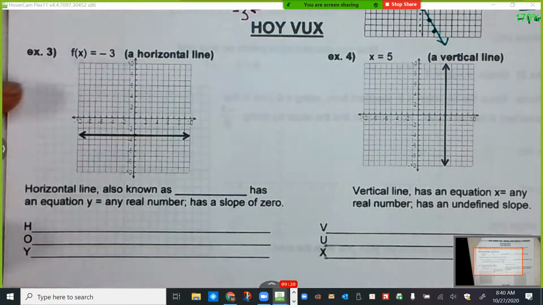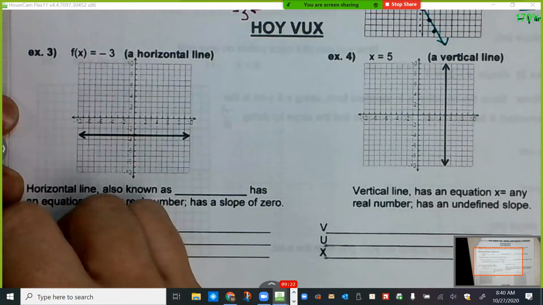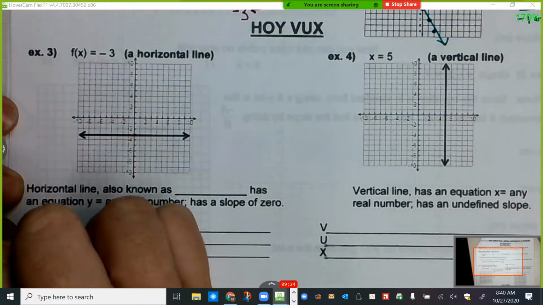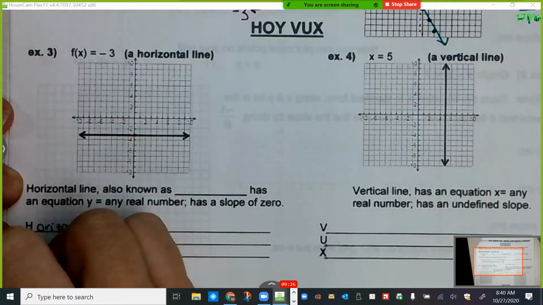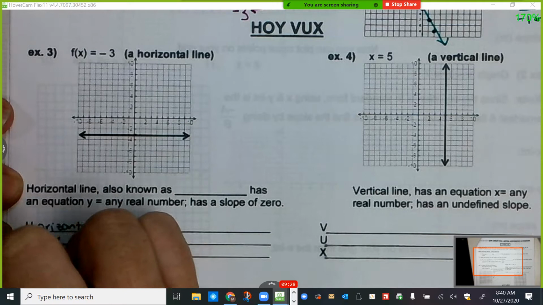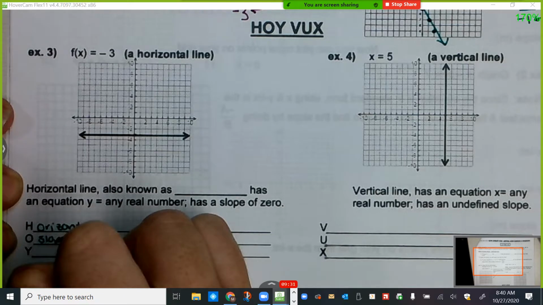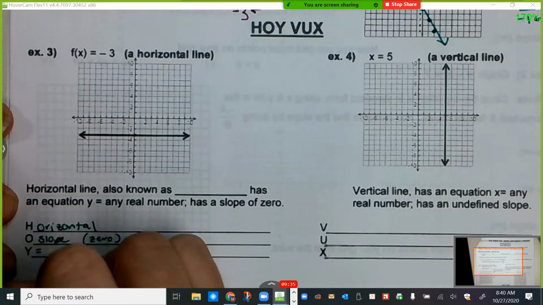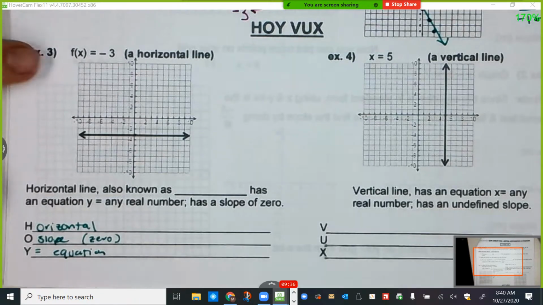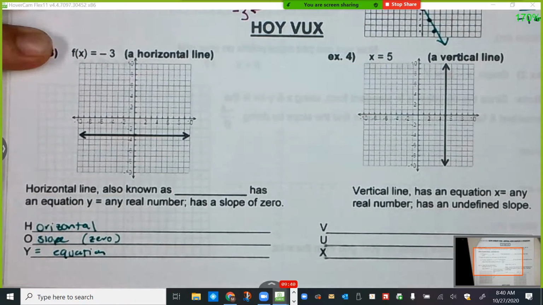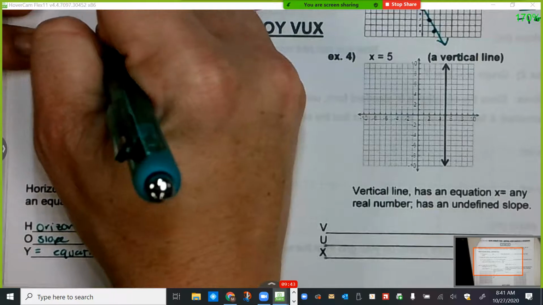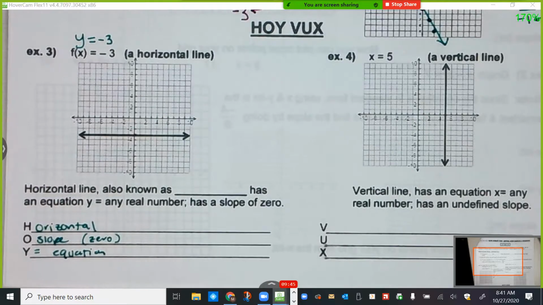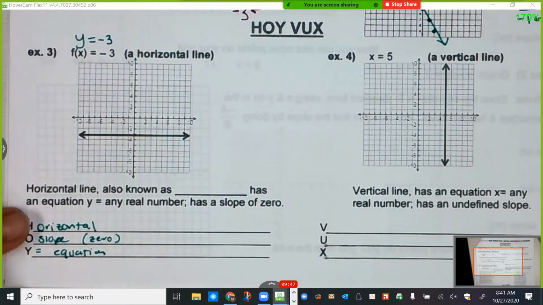0. Look at that. HOI stands for horizontal, 0 slope. I know it's an O, but it's 0. And then it's a y equals equation. I know that says f of x, but isn't that the same thing as saying y? It's just a fancy way of saying y equals -3. So horizontal, 0 slope, y equals equation.